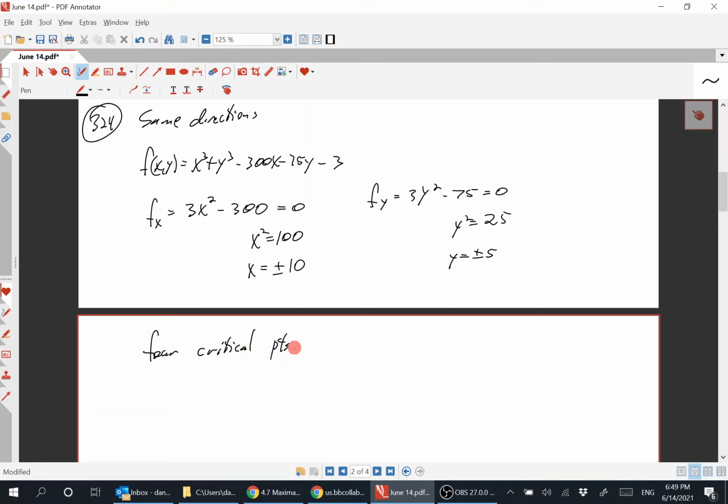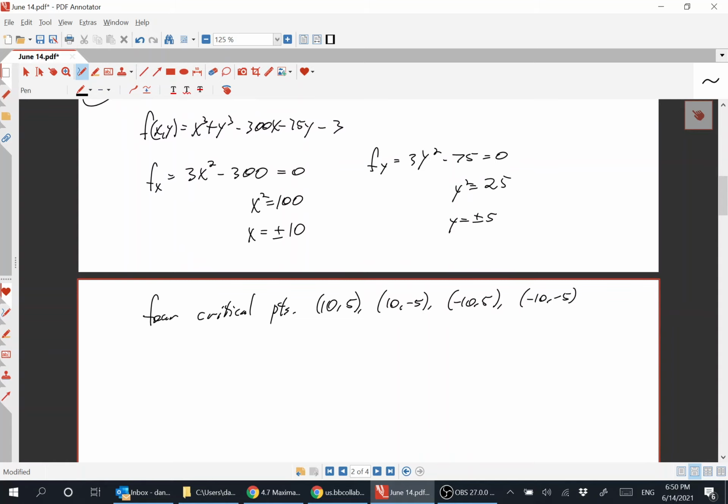So at all 4 of these points, both first partial derivatives are 0. So the critical points are (10, 5), (10, -5), (-10, 5), and (-10, -5).